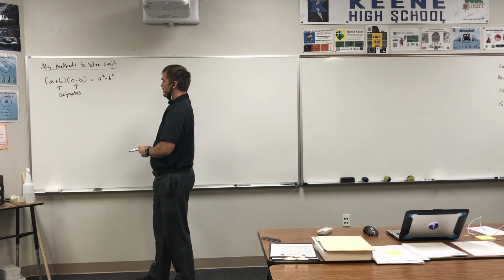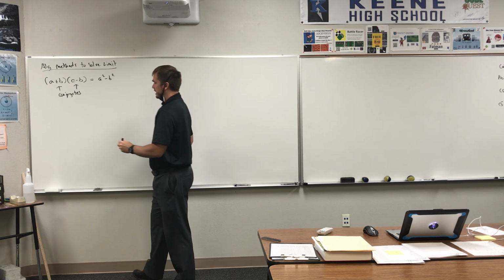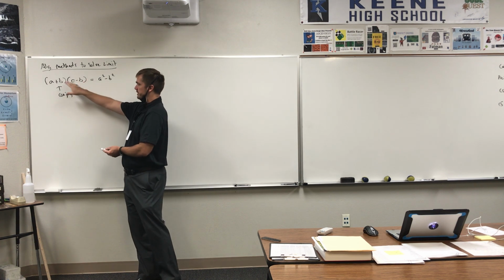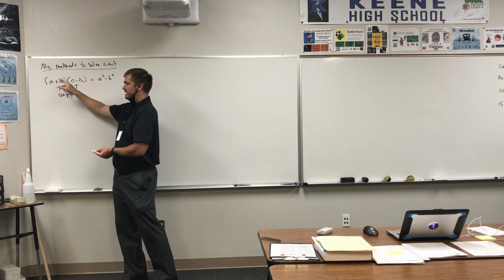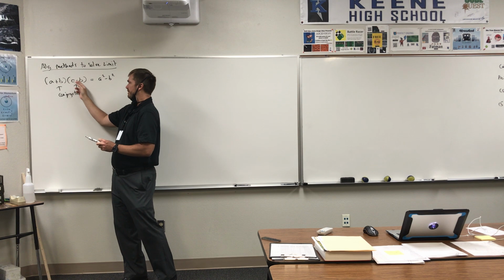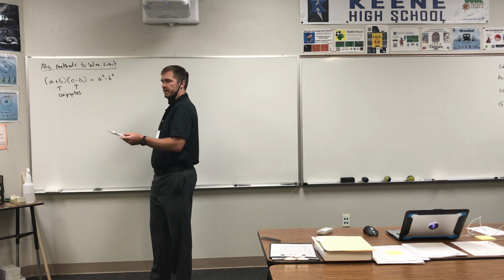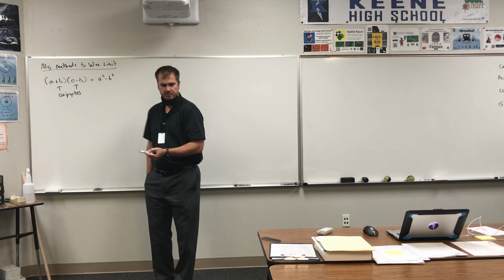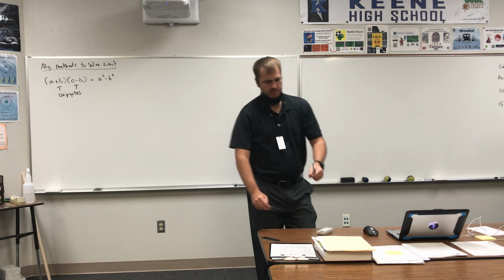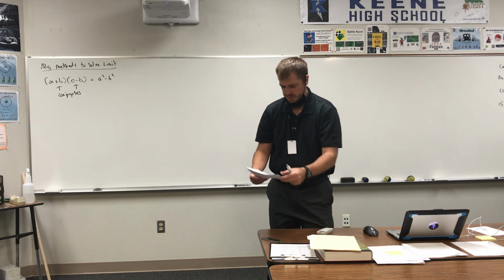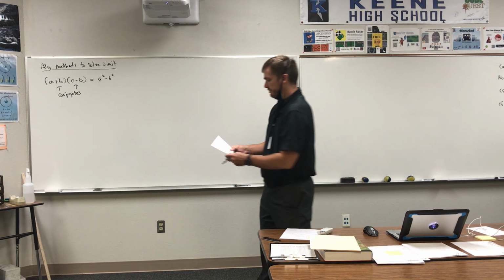All right. And multiplying by the conjugate is normally just, you get the same term, but you put the opposite sign in between. And where that comes into play and is helpful for us is in some limit problems where direct substitution doesn't work, okay?